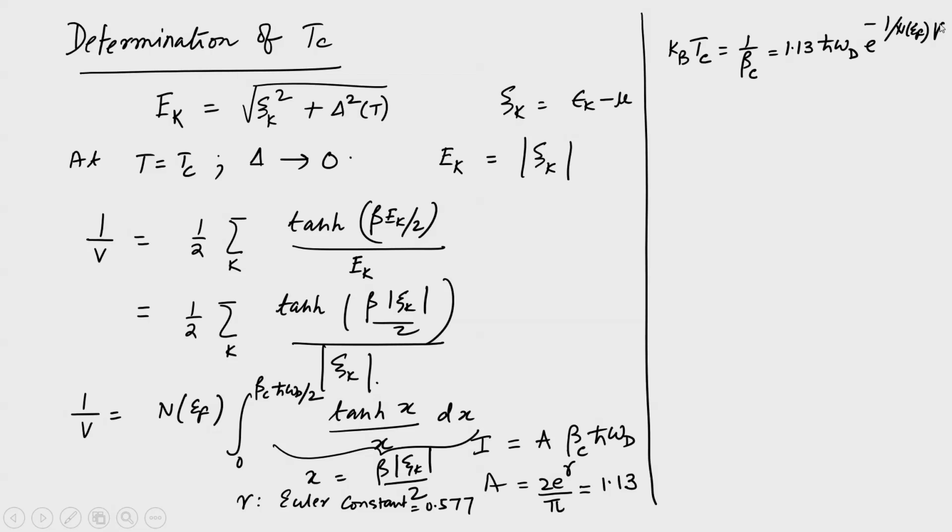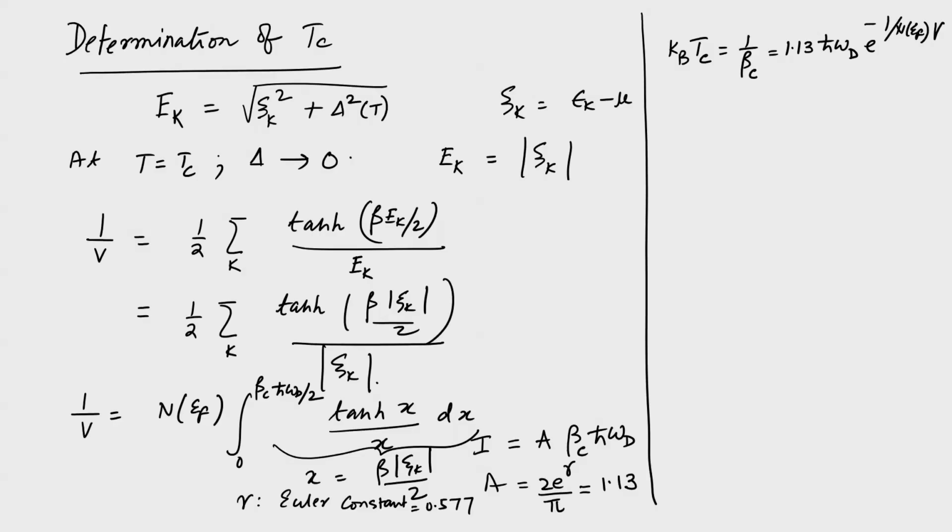Okay. This has several implications, as has already been told. One, this form of Tc suggests that it is a non-perturbative theory, basically in terms of the electron-electron interaction. So, even if V is infinitesimal, which means that there is an infinitesimal attraction between the electrons, it can form a Cooper pair.